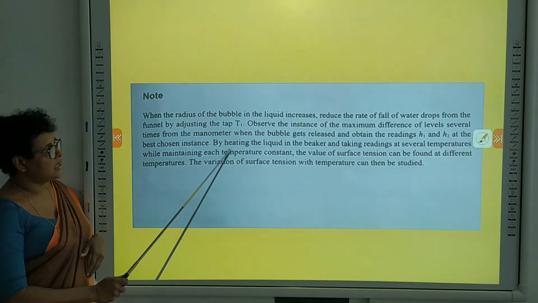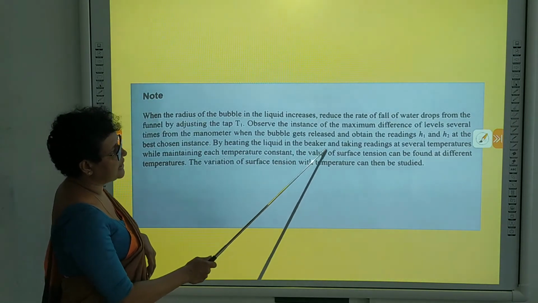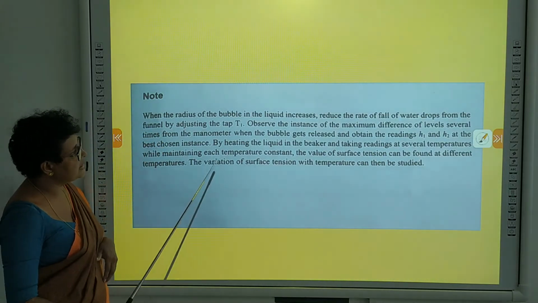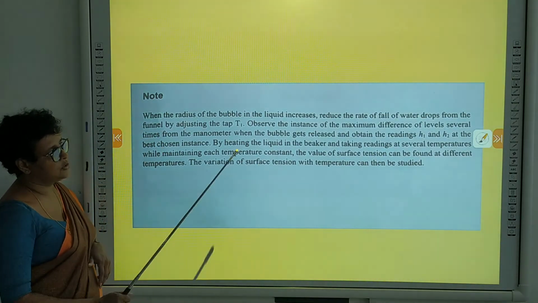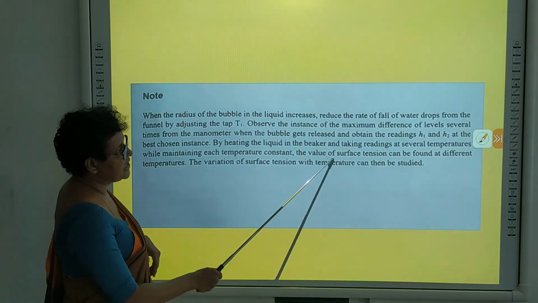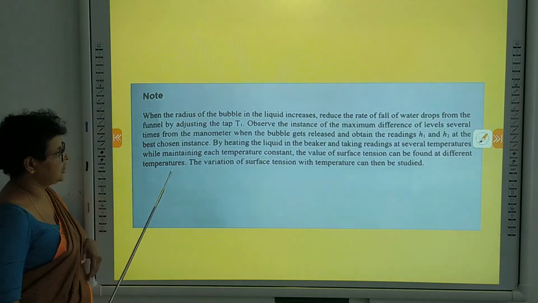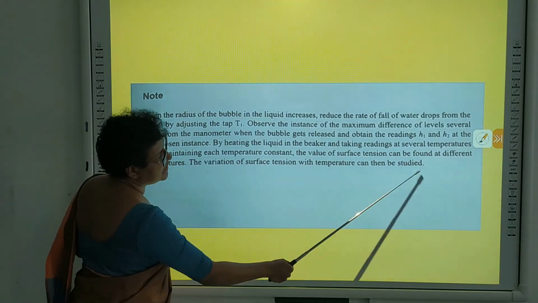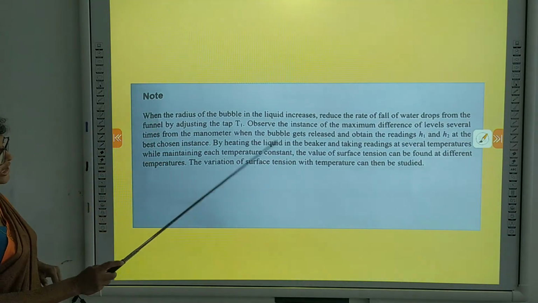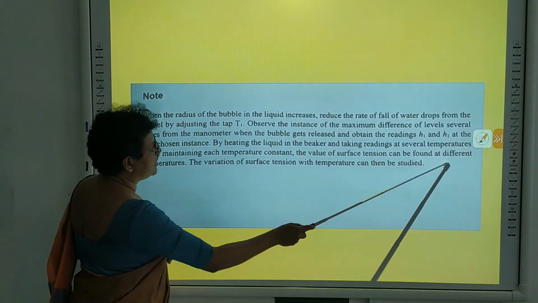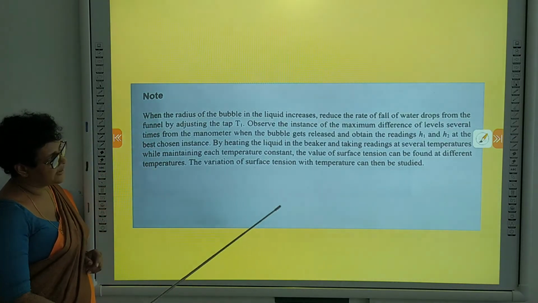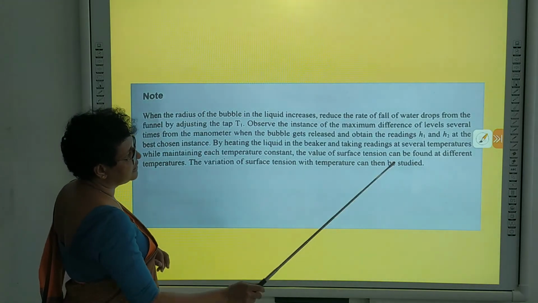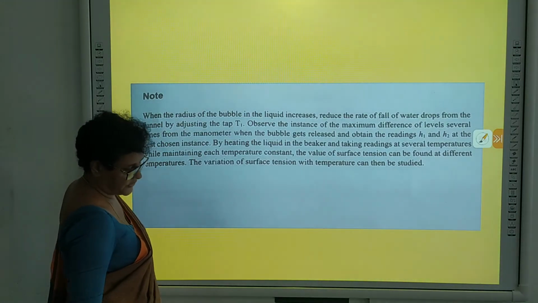Heat the liquid in the beaker and take readings at several temperatures, maintaining each temperature constant. Make sure the temperature is constant. The value of surface tension can be found at different temperatures, and you can draw a graph and study how the surface tension varies with temperature.